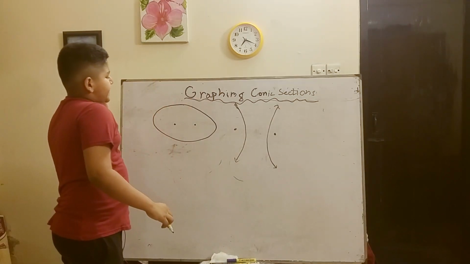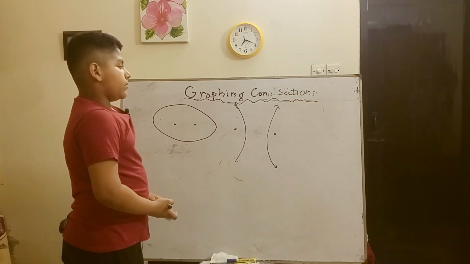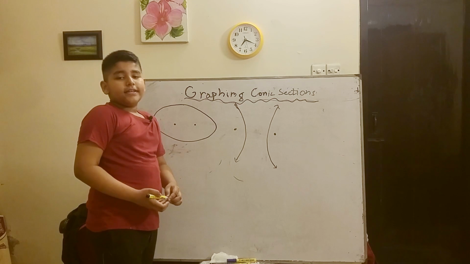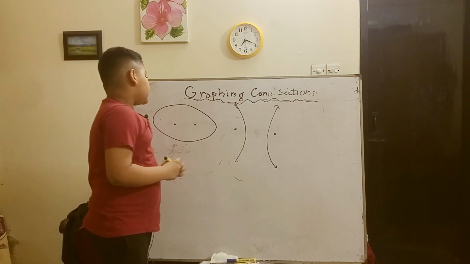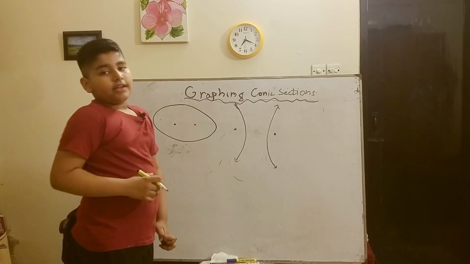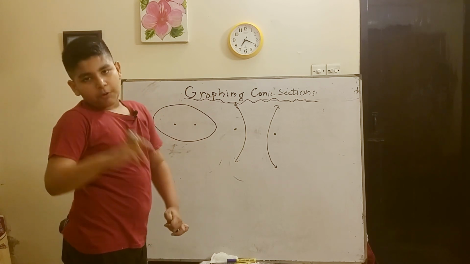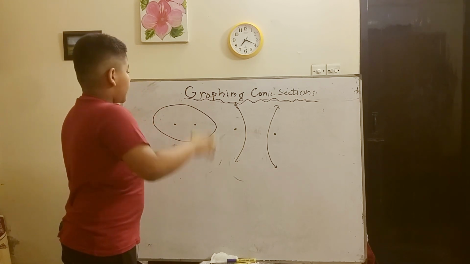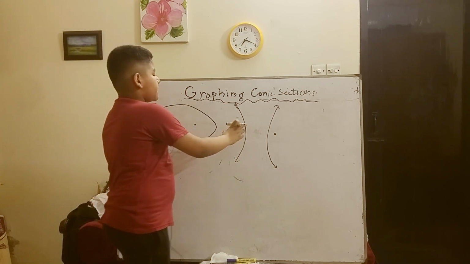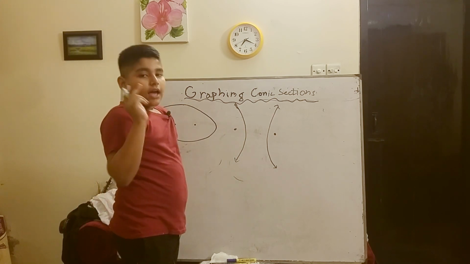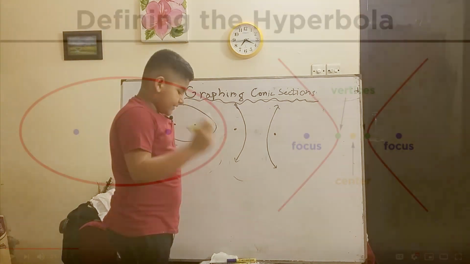So, like I was saying, a hyperbola is more similar or can be compared to an ellipse than a parabola. Well, it is as if they both have two foci.